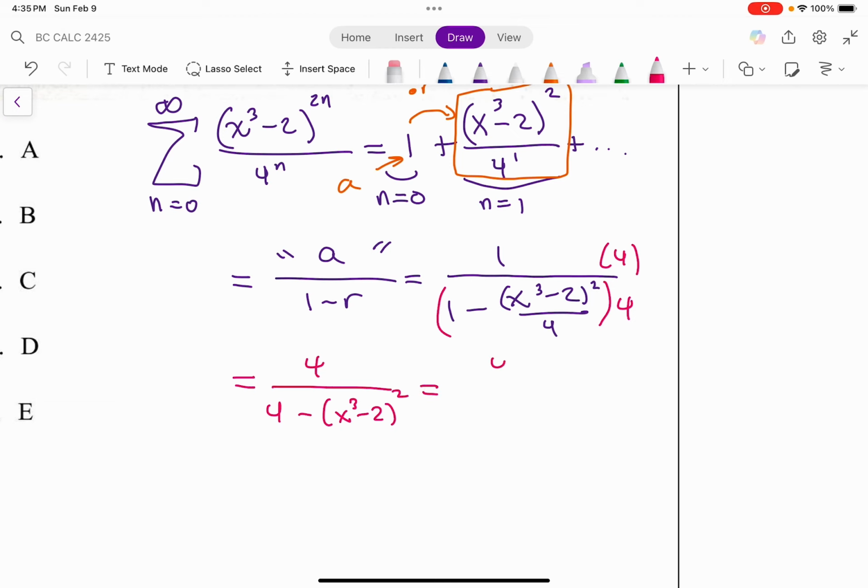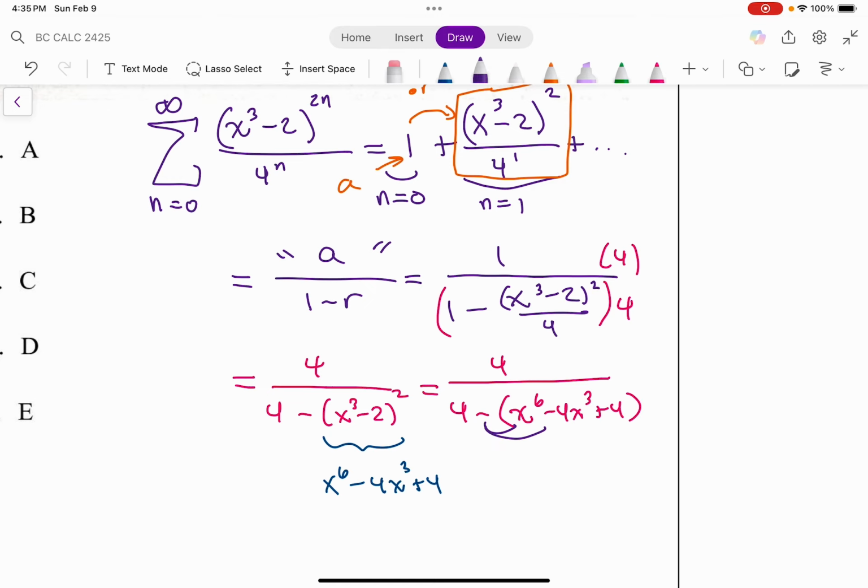So this is 4 over 4 minus, if I expand this, x to the 6th minus 4x cubed plus 4. And then distributing, I think, causes the 4's to cancel.